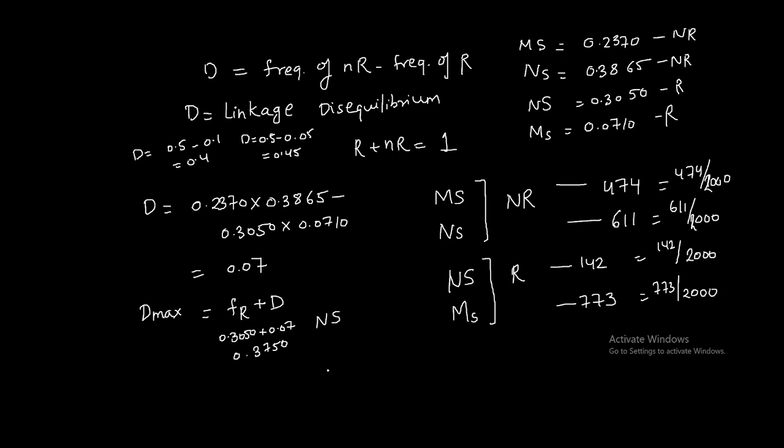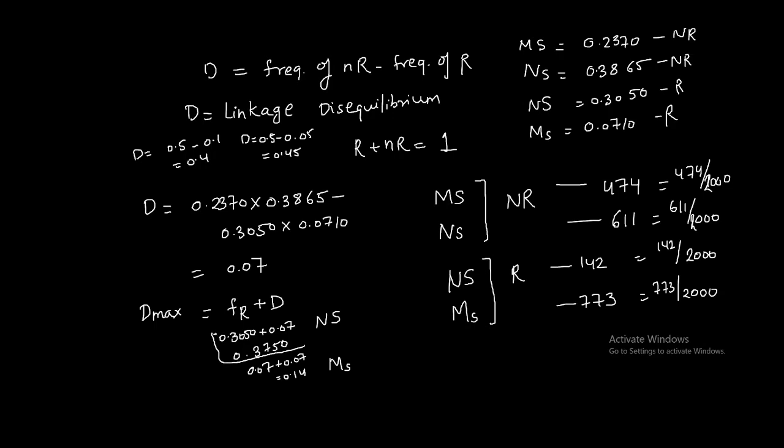In case of the M and S, which is again a recombinant, you will get the value 0.07 plus 0.07, and you will get the value of 0.14. So you are getting two values for the two recombinants.